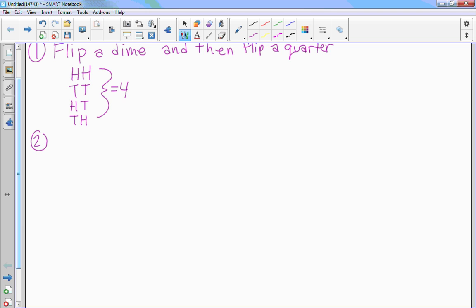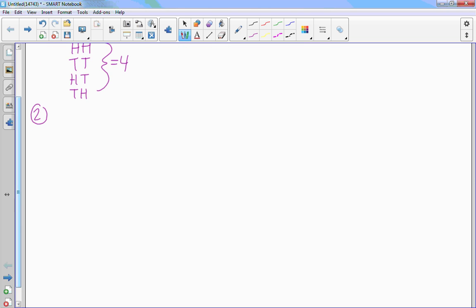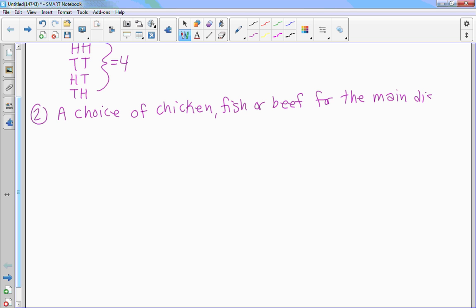Okay, the second scenario is a choice of chicken, fish, or beef for the main dish, and a choice of cake or pudding for dessert.